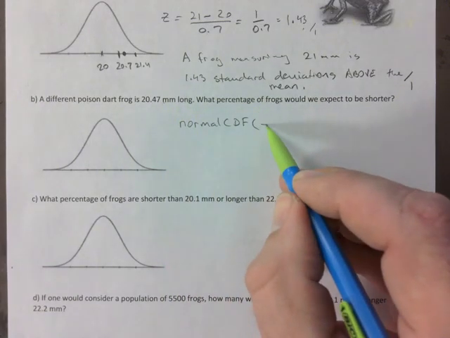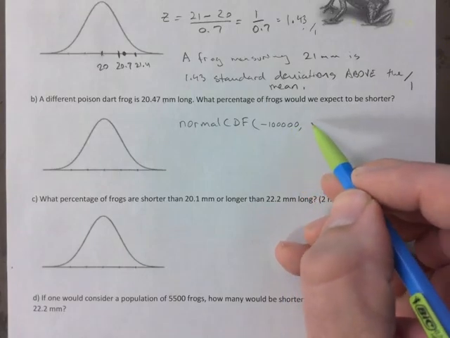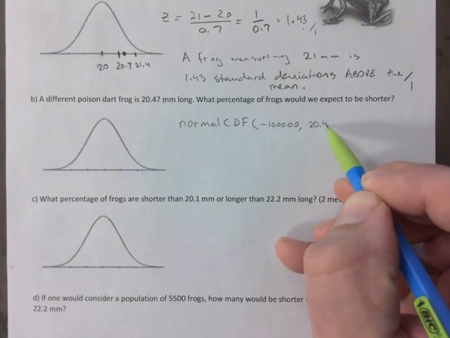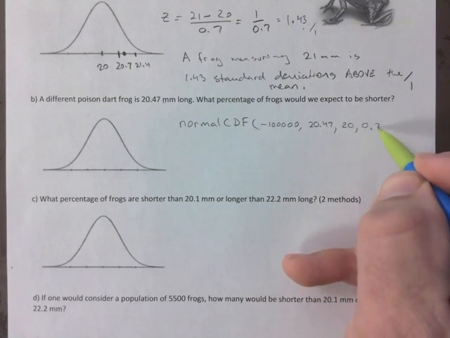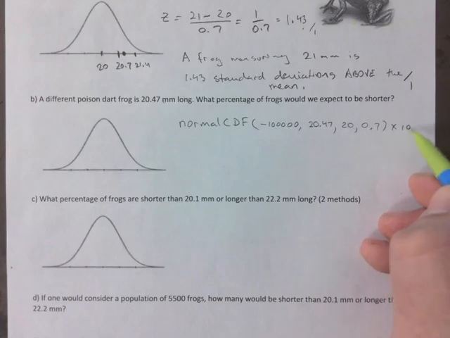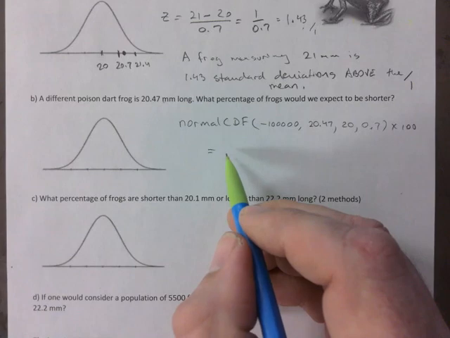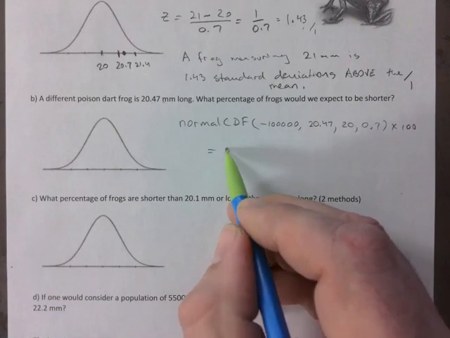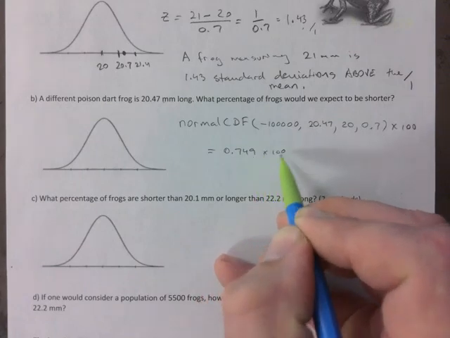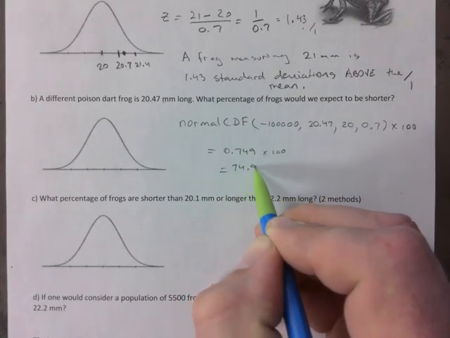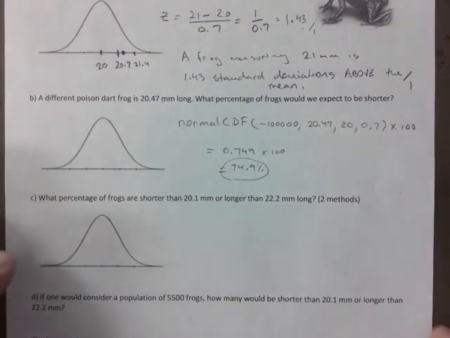So we have to use a very small number for our left limit, and we stop at 20.47. This is 20 and 0.7. And we multiply that by 100 if we want percentage. That is 0.749 times 100, so that's 74.9% of frogs are expected to be shorter than that.